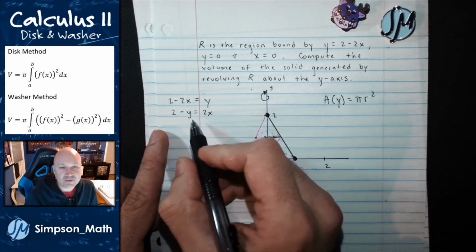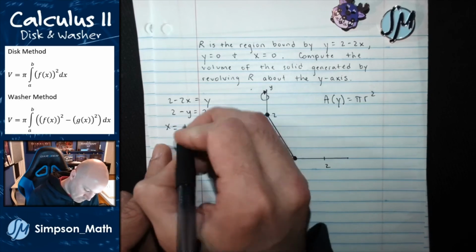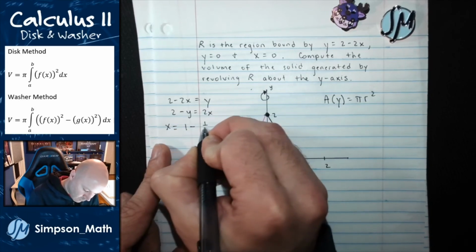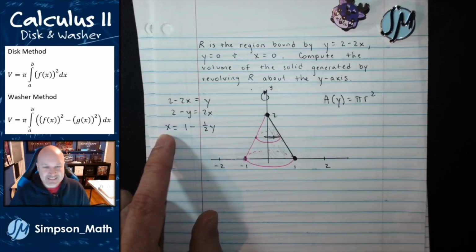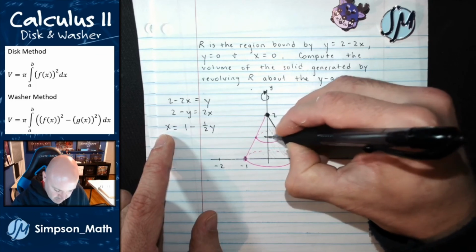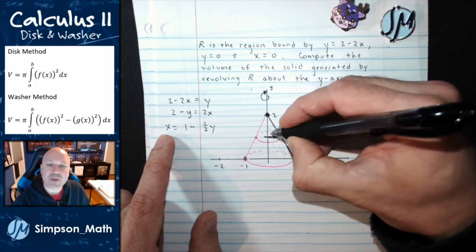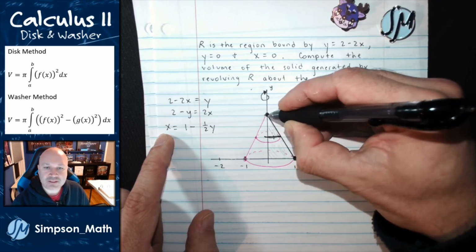And then I will divide everything by 2. That is the x distance here. That's the radius of these little cross sections.